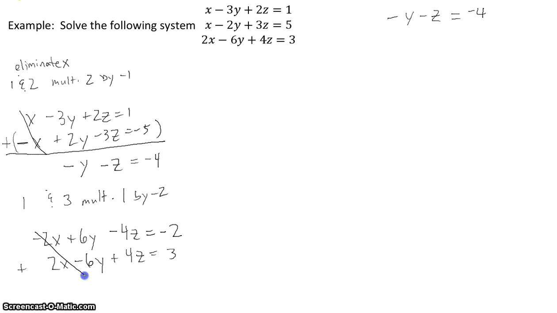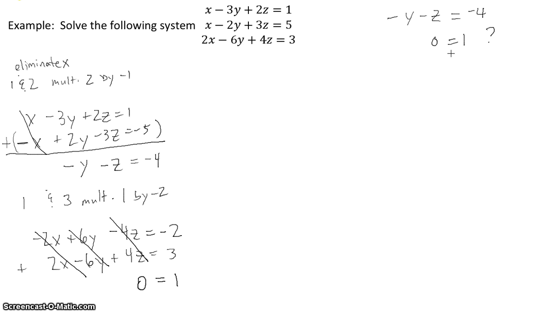But if you notice here, these eliminate. 6, -6 eliminate. 4, -4 eliminate. So there's nothing on the left side anymore, but there is a +1 on this side. So if I put this over here, it wouldn't make sense to say 0 is equal to 1.